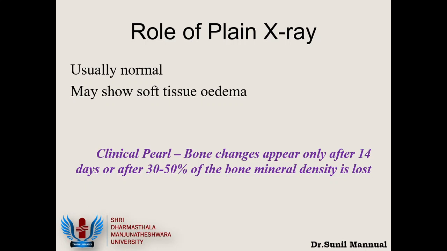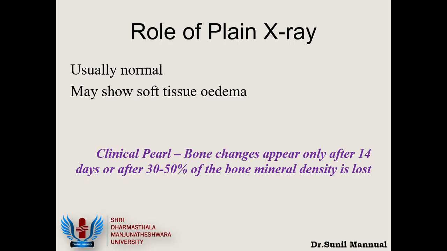Sometimes the parents may not have recognized that the child is having the infection, or in many circumstances, when children are referred to these higher centers, the parents tend to not give us a very accurate history. So in these cases, an X-ray showing some changes in the bone definitely tells us this is a late presentation of acute osteomyelitis. That is because 30 to 50% of the bone's mineral density has to be lost for the plain X-ray to pick up the infection.